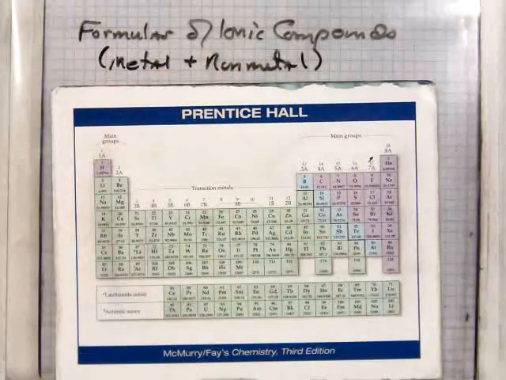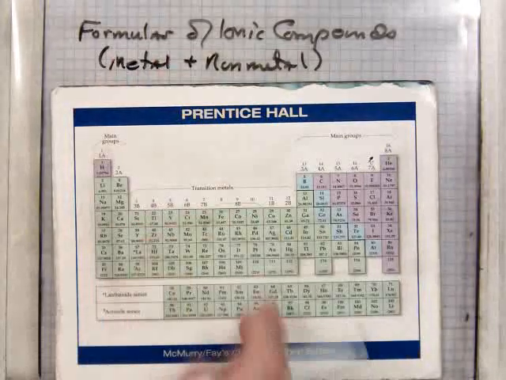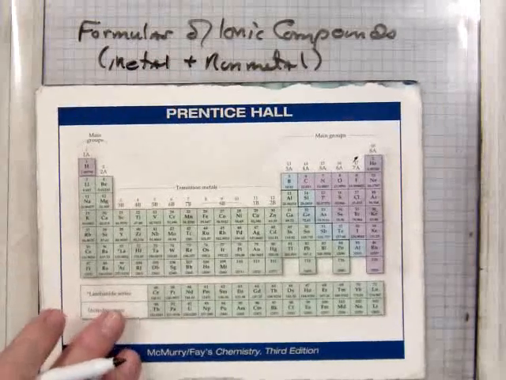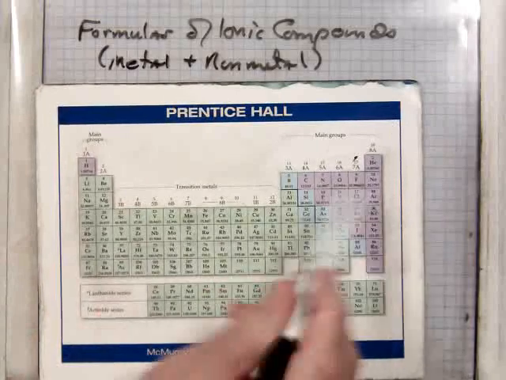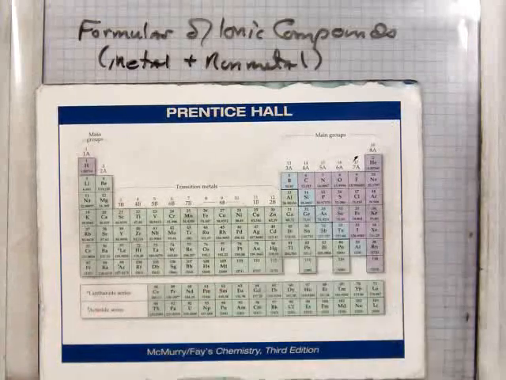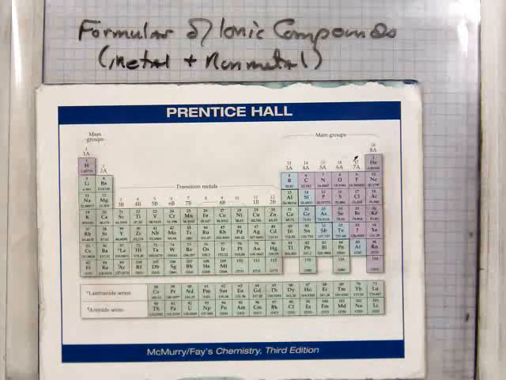So, to write the compound, we need to pick an element in the green portion over here on the left, and then something over here on the right of the blue lines, and put those 2 elements together such that the sum of charges equals 0. You know what I said? Pick something on the left, stick something on the right, and hook them together such that the sum of oxidation states, or net charges, equals 0.